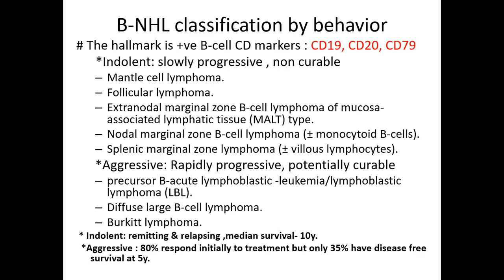The indolent type of B-cell non-Hodgkin lymphoma, these are slowly progressive or non-curable, as I said. They include the follicular lymphoma, the mantle cell lymphoma, and the extranodal marginal zone lymphoma, what is called the maltoma. This type involves the stomach.